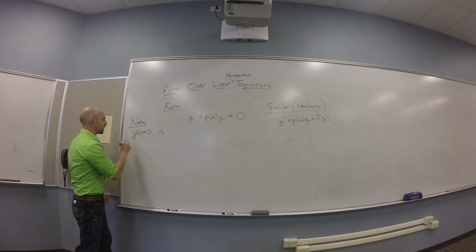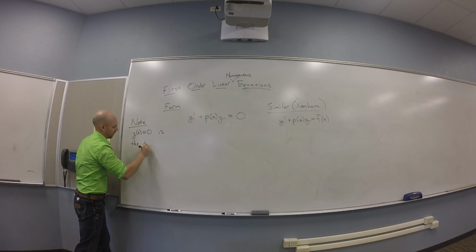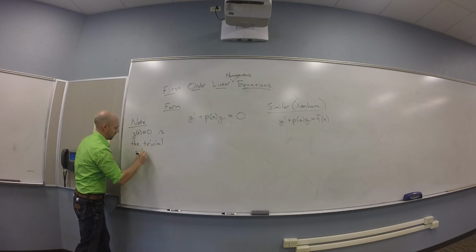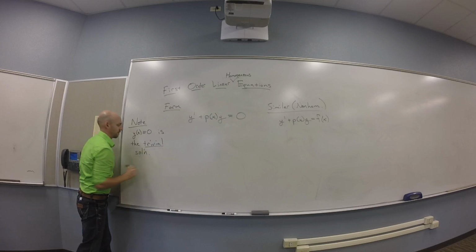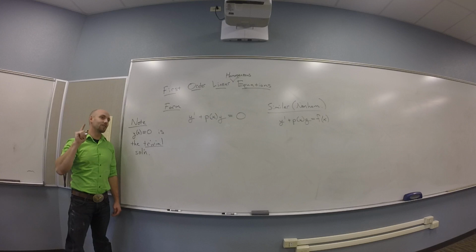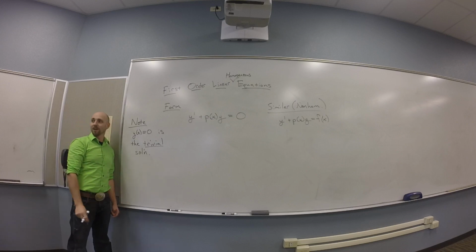So, and this thing is called the trivial solution. Cool. So if I have a solution that is not y is identically 0, what would I call that? A non-trivial solution.